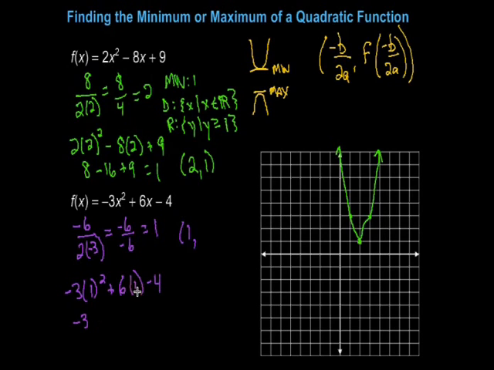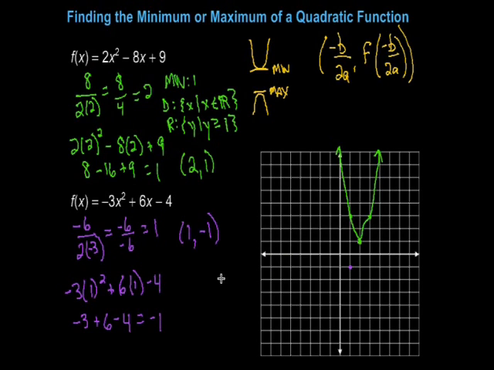So we have negative 3 plus 6 times 1, which is 6, and then minus 4. Okay, that's going to give us negative 3 plus 6 is 3, minus 4 would be negative 1. So my y-coordinate, in this case, is negative 1 on my vertex. Okay, so it would be over at 1, negative 1 is the vertex.